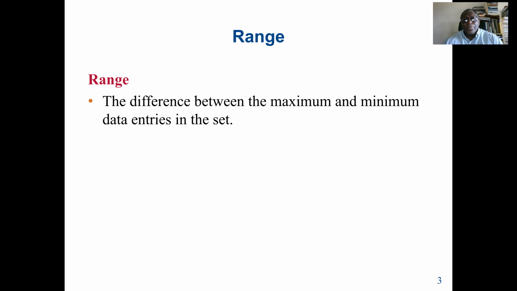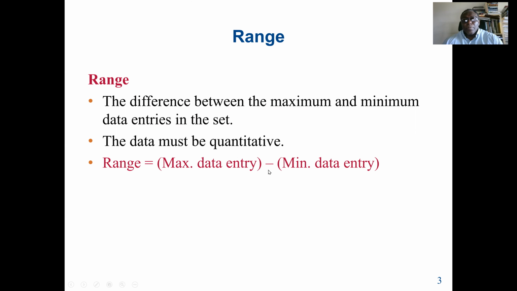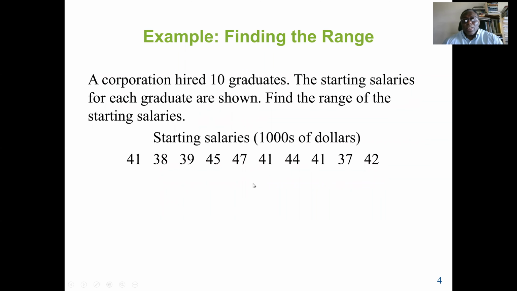So finding the range is the difference of the minimum and maximum value. And in finding the range, since we are using an arithmetic operation, finding the difference, the data must be quantitative. So this is the formula: the range is the maximum data entry minus the minimum data entry.